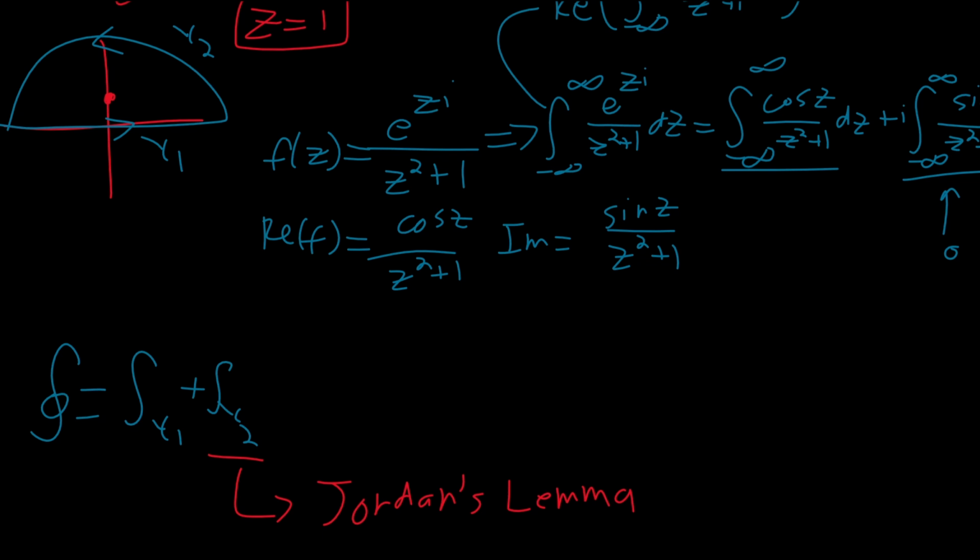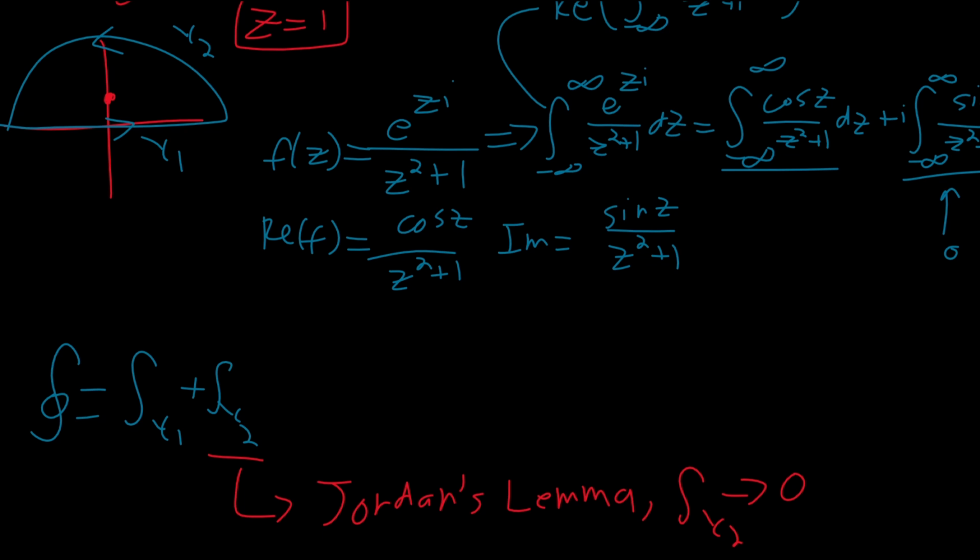So by Jordan's lemma, the integral over gamma 2 is going to just approach 0. I would say end of story. There's always more to it in math, but just for the sake of brevity and being concise, that's what this is right here.